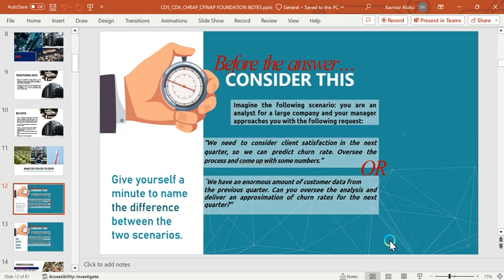So the first statement is a predictive statement, and there is no fact that the analyst can back his predictions from.